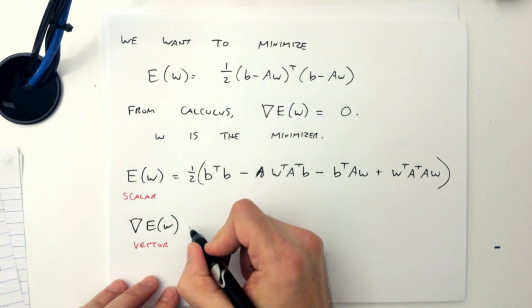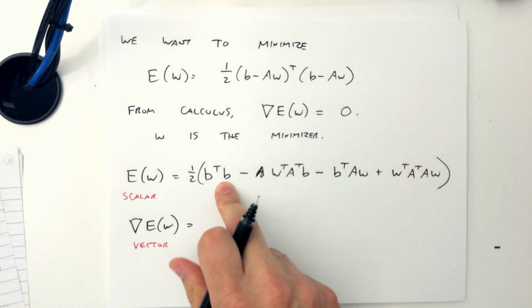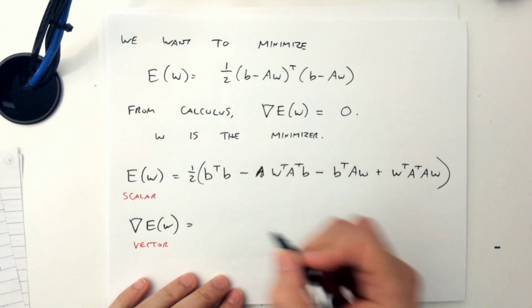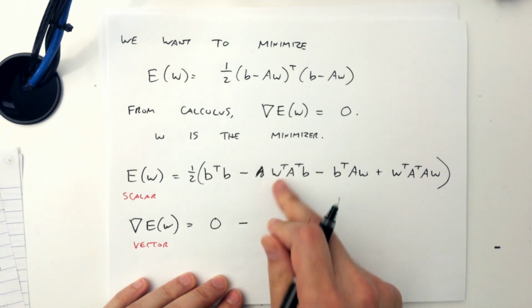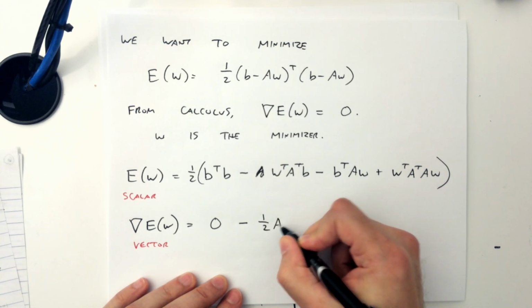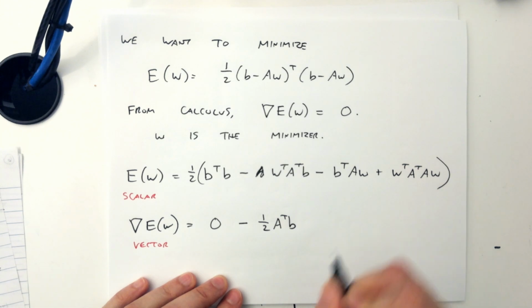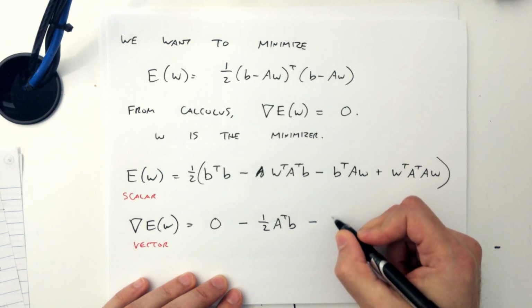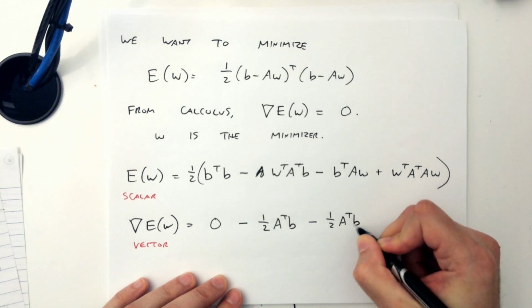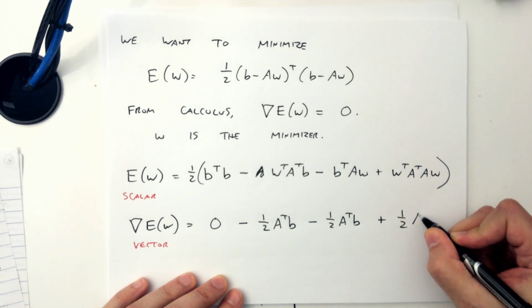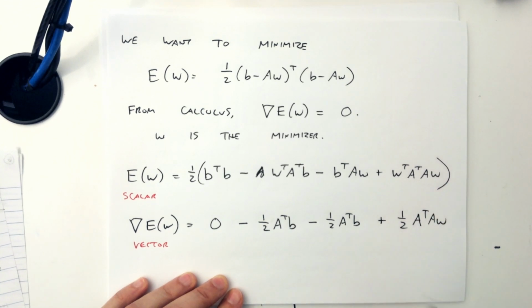Well, what is this vector? This guy is constant, because I only have to look at things that depend on W. Then the derivative of this guy is 1/2 A transpose B. The derivative of this guy is 1/2 A transpose B. The derivative of this guy is 1/2 A transpose AW.